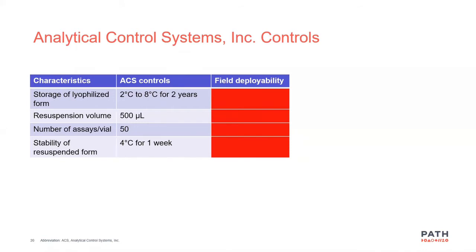So what happens is you resuspend it in 500 microliters. In a given week, if you do quality control testing for a week, you might use 70 microliters if your test requires 10 microliters. There is a lot of waste. We never consume the 500 microliters in a week. So that's currently what is available on the market for G6PD quality control.